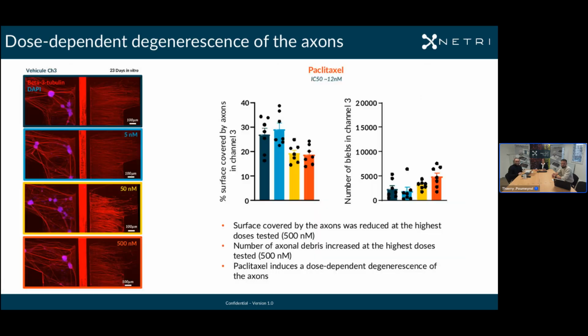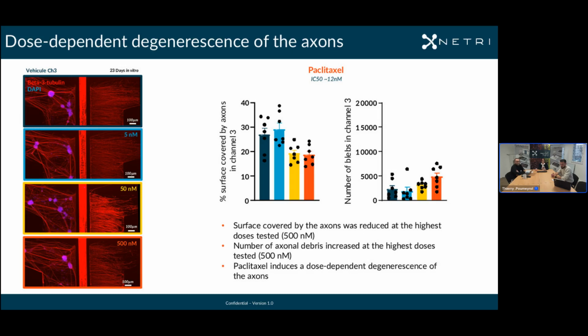This is the same picture, but this time with the quantification. We always analyze channel 3 and measure the surface covered by the axons as an indicator of axon length and coverage. We also measure the number of axonal debris or blebs as an indicator of axon degeneration.